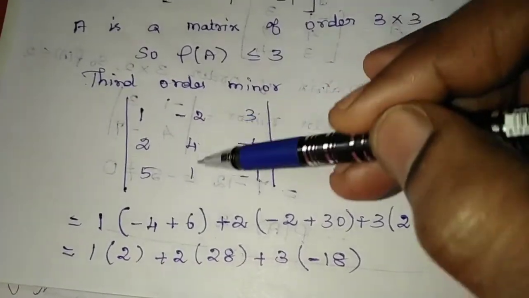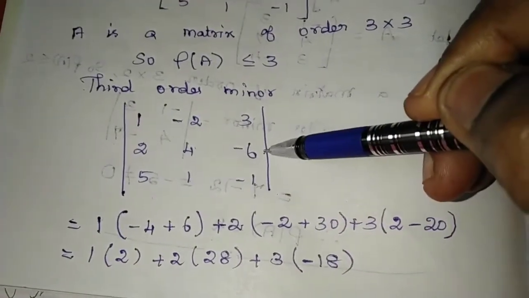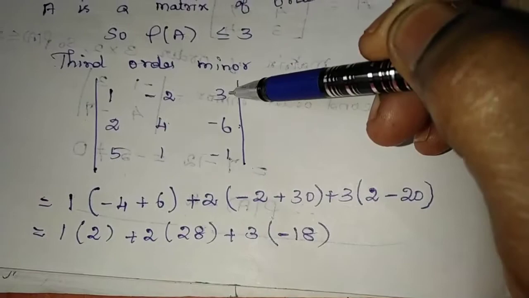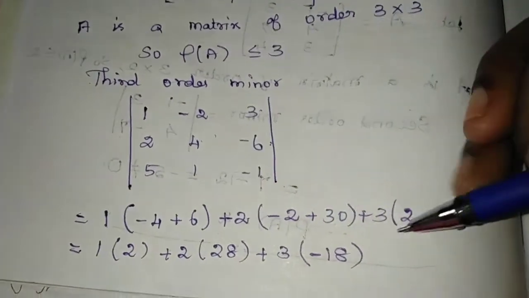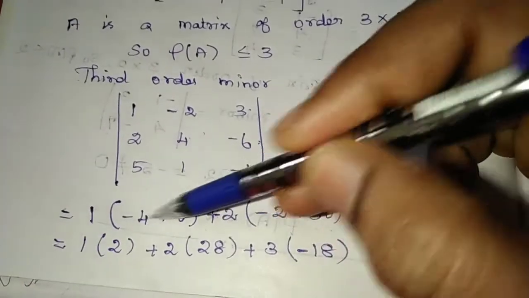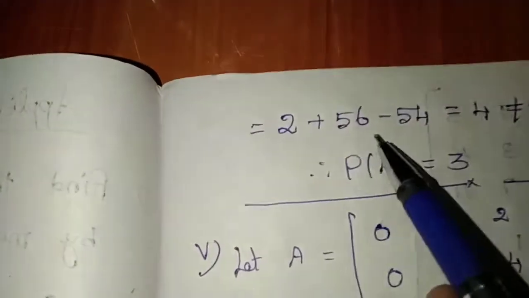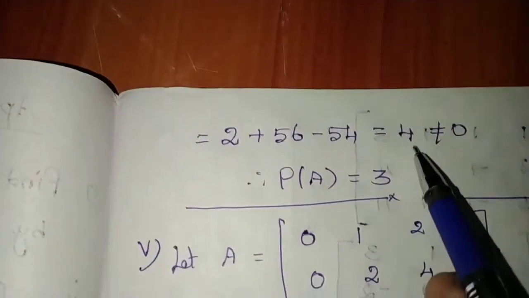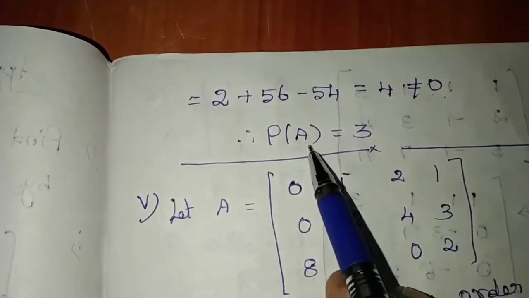Simplify, leave this row and column, minus 2 plus 30 and take 3. Next 2 minus 20. Simplify, plus 2, 28 minus 18, and simplify: 2 plus 56 minus 54 equal to 4, not equal to 0, then rho of A equal to 3.